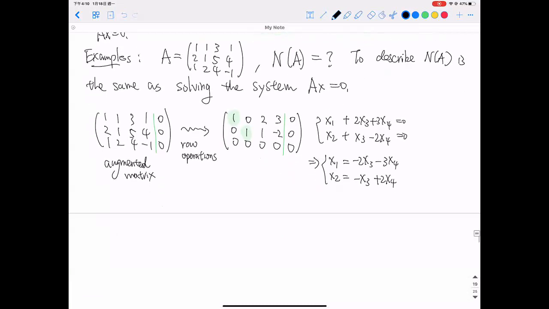And now for the purpose of describing N of A, we need to write everything in vector form. Vector form solutions. We've seen how to do this before.